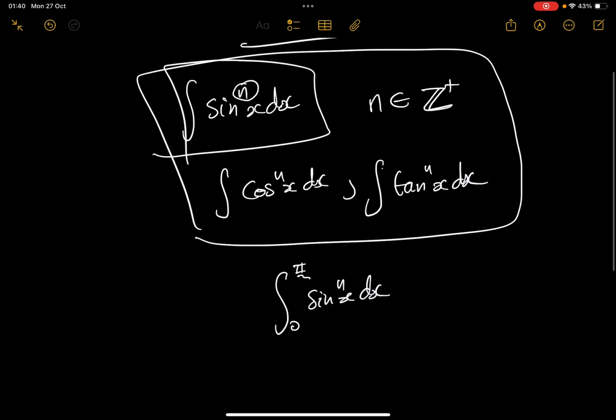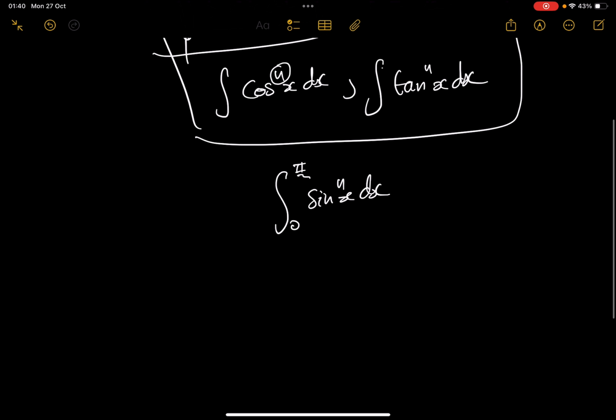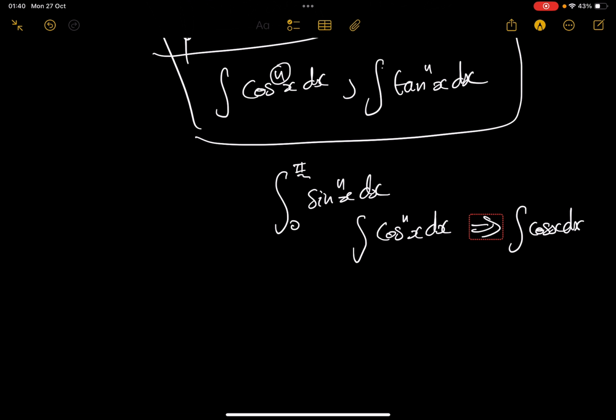So how do we evaluate the integral of sine^n x dx? Remember, we are reducing the power to a form that we can work with, right? We are reducing cos^n x dx to a form that we can normally work with, such as cos x dx.